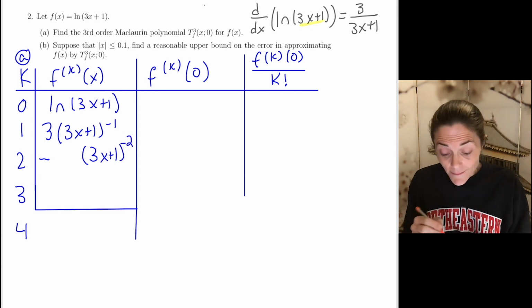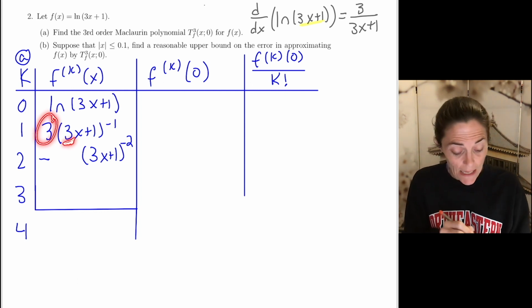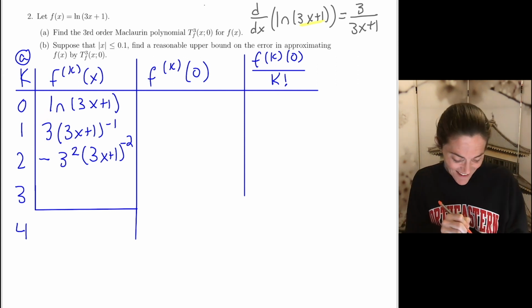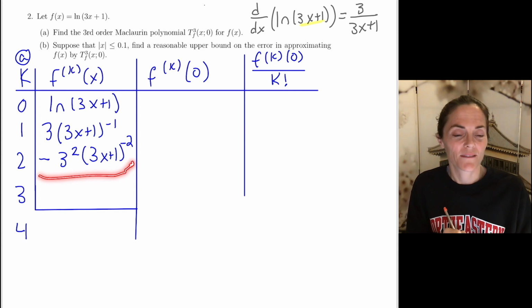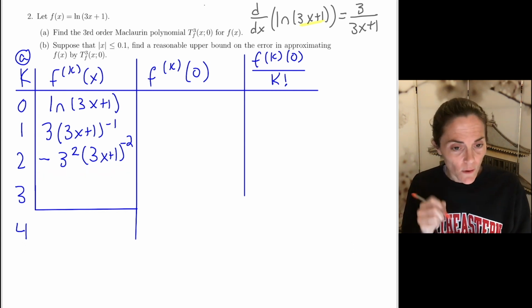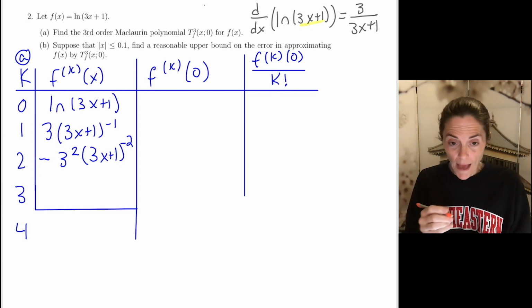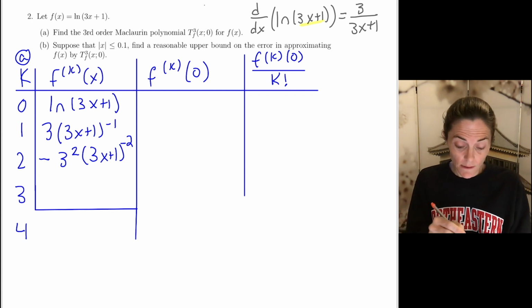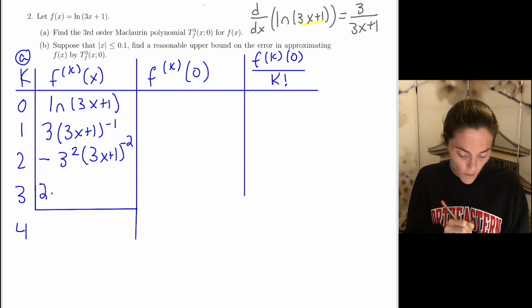The coefficient, though, I have this 3, and then I have another 3 coming from the chain rule. So we will have 3 squared. I'll just leave it in this form right now. Now, we differentiate again. So first of all, bring down the power: minus 2 times this minus 1 will be a plus 2.